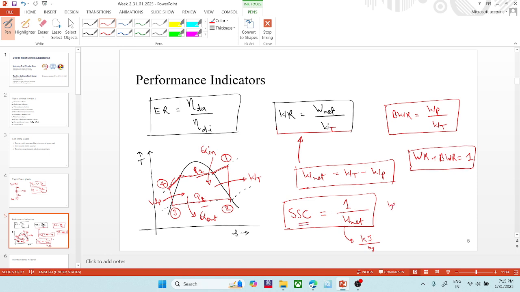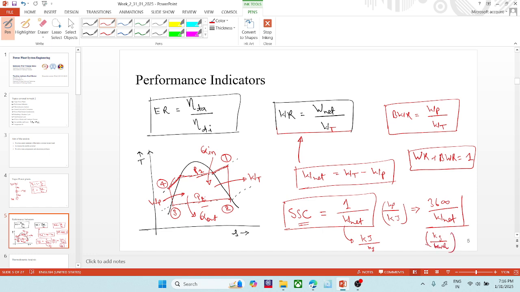It would be kg per kilojoule, and to convert it into kg per kilowatt hour, we have to multiply by 3600. So it is the final thing. The SSC would be 3600 by WNet, and the unit would be kg per kilowatt hour.